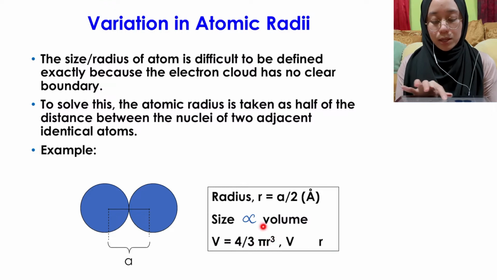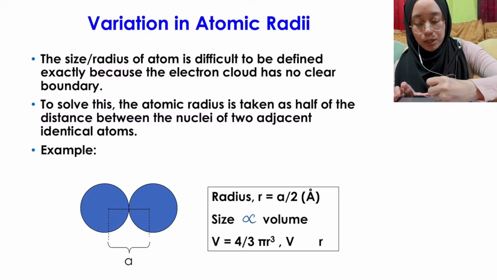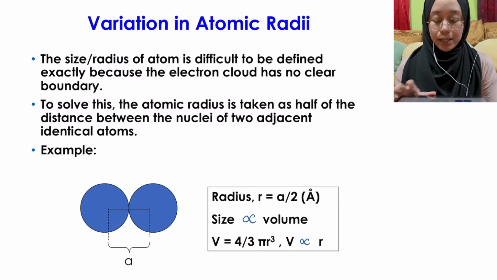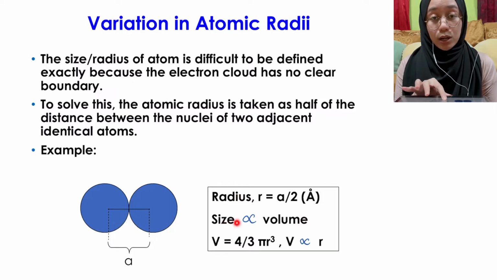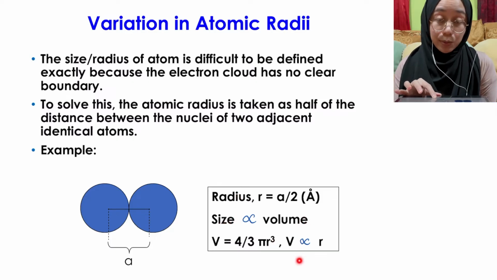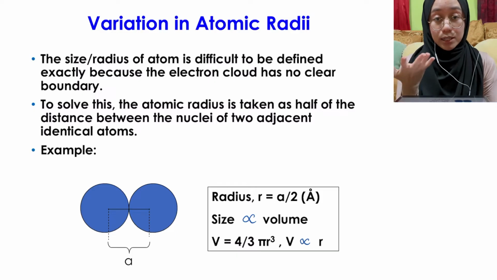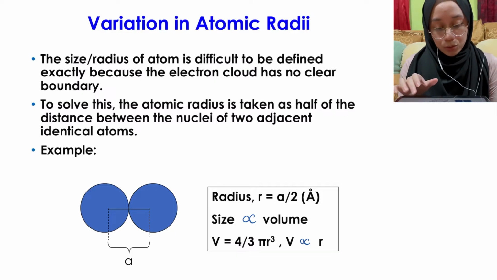From this formula, we know that volume is related to the radius. If volume increases, it means size will also increase. If volume decreases, it means size will also decrease, so the radius will decrease as well.